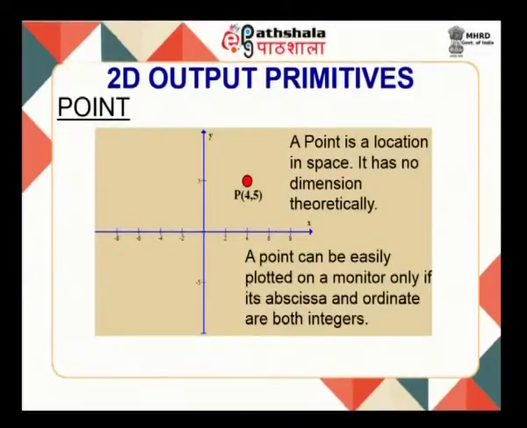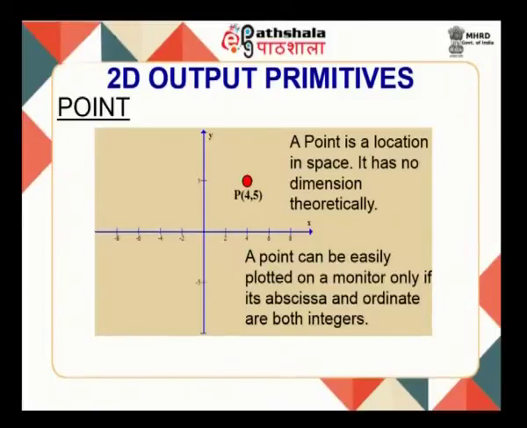To start with, the fundamental primitive is a point. A point is actually a location in space, and it has no dimension, as we all know that theoretically a point has no dimension. But a point has a location, which can be plotted as, for example, 4, 5 and so on.